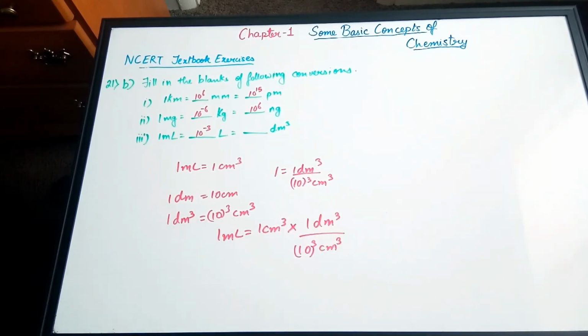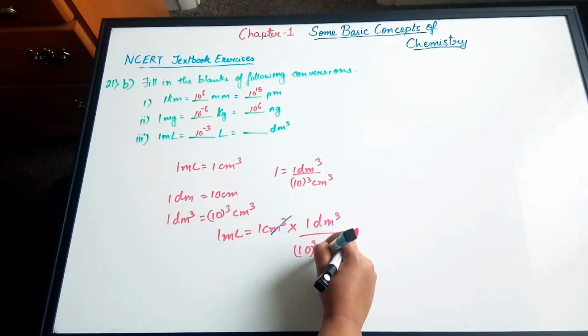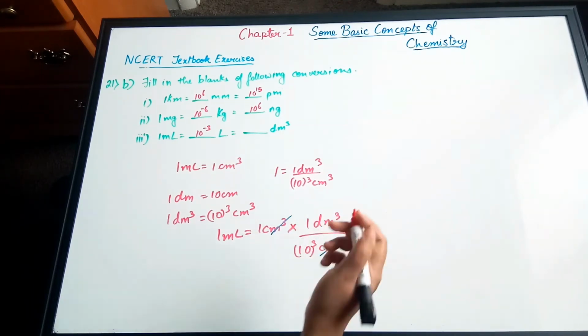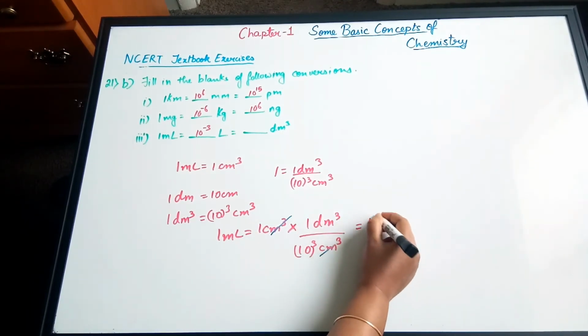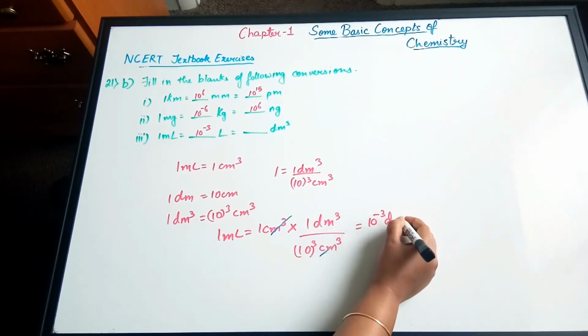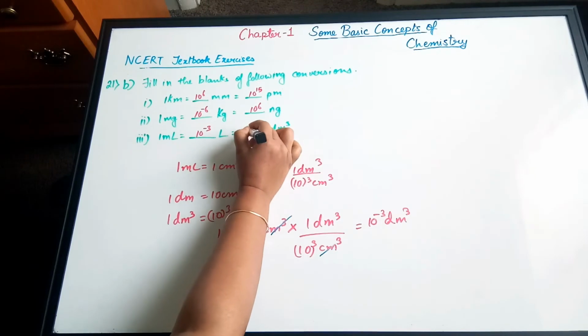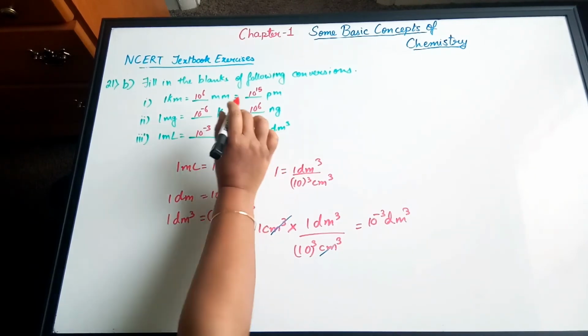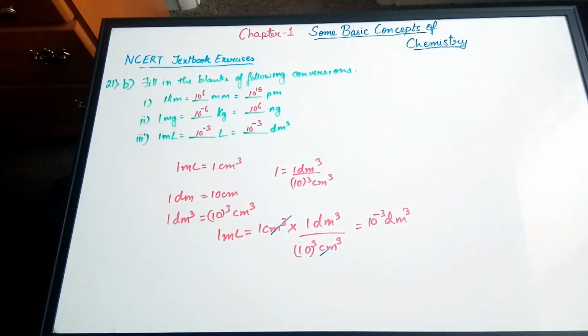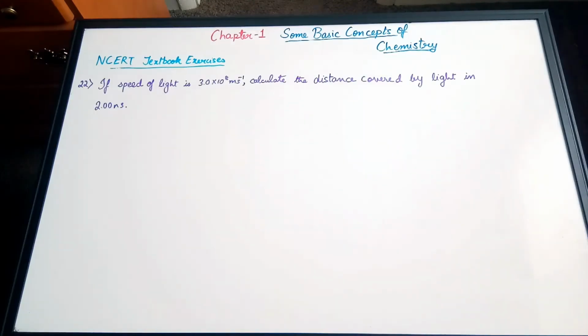And so here also you will be cancelling the centimeter cube and this one. So this gives us a value of 10 to the power minus 3 decimeter cube. Okay, so 1 ml equals 10 to the power minus 3 liters, and that's equal to 10 to the power minus 3 decimeter cube.